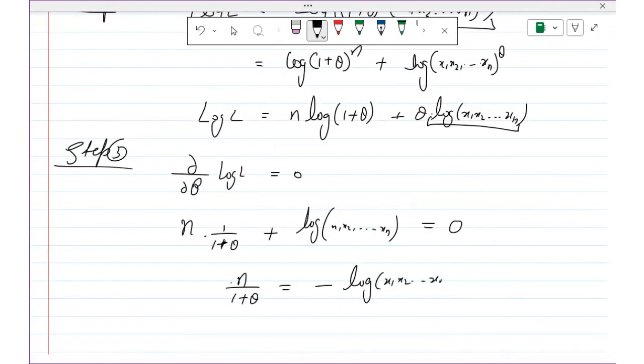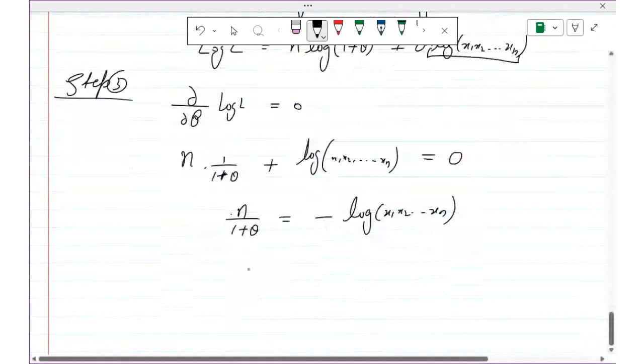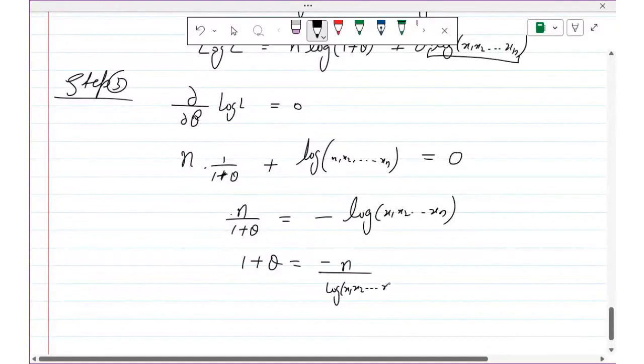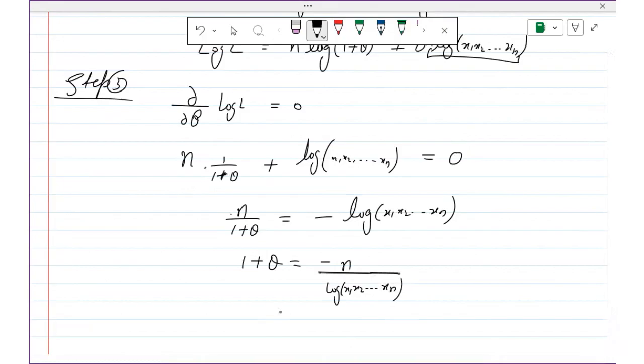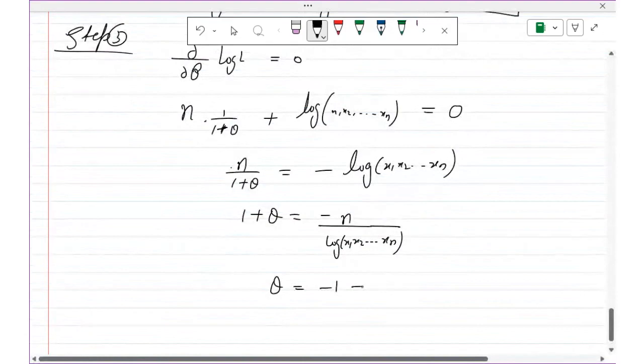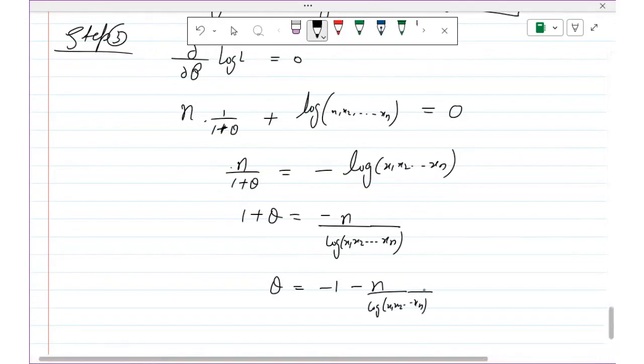Or you can say 1 plus theta is equal to minus n divided by log of x1 x2 up to xn, or theta is equal to minus 1 minus n divided by log of x1 x2 up to xn. So this is what we are getting.